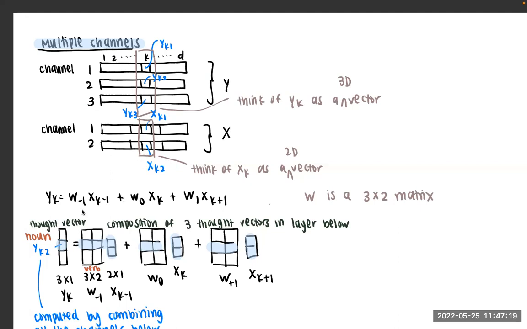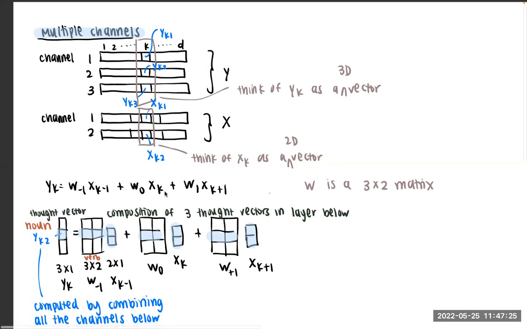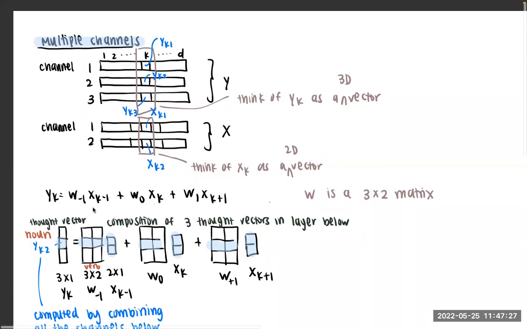And then if we continue to use the same formula as in the case for one channel situation, then this is 3 by 1, right? And this is 2 by 1. And then all those W should be matrices, in particular 3 by 2 matrices, so that if we multiply this matrix to this vector, we're going to get a 3 by 1 vector.